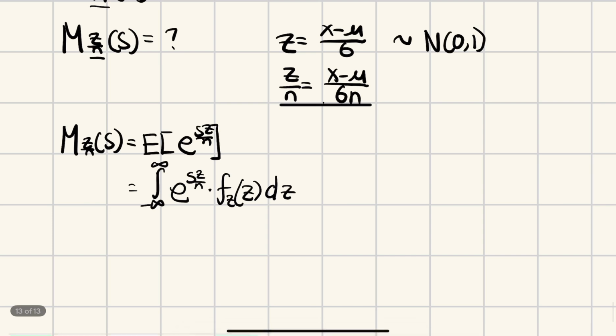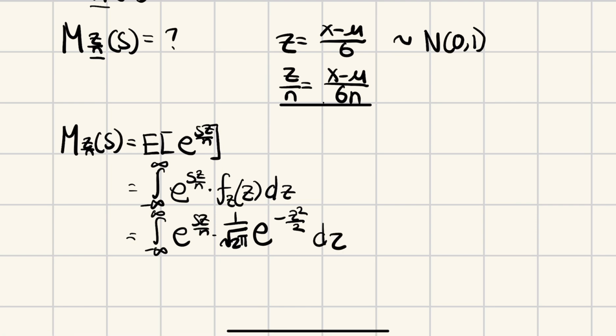Alright, so the PDF of a standard normal distribution is 1 over root 2 pi times e to the negative z squared over 2.